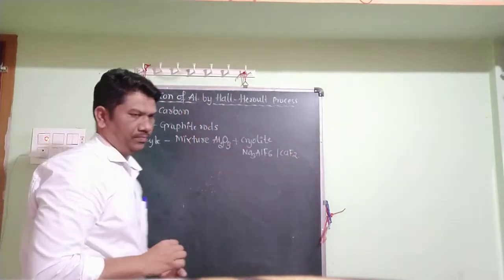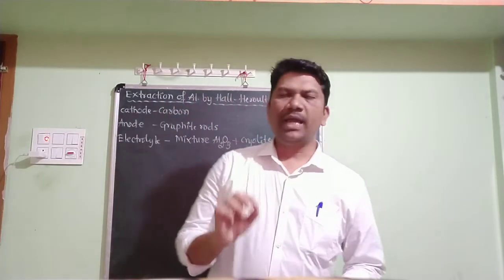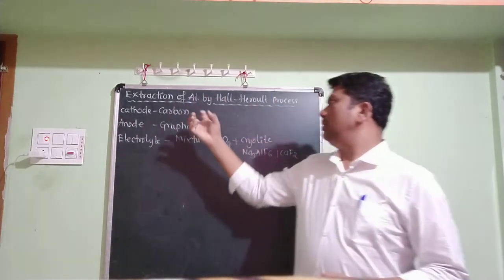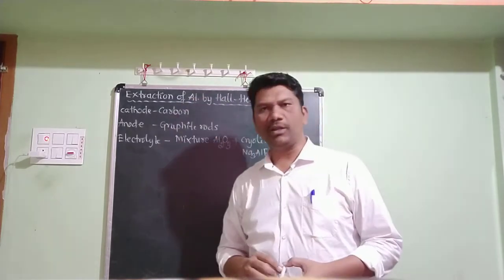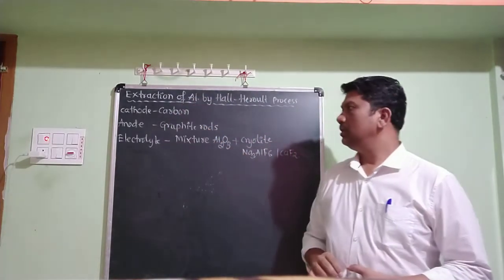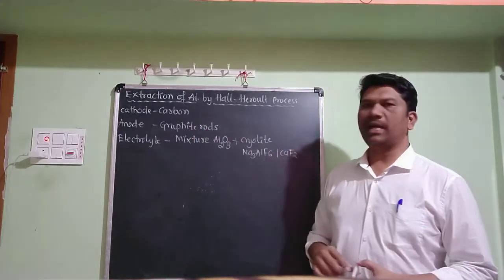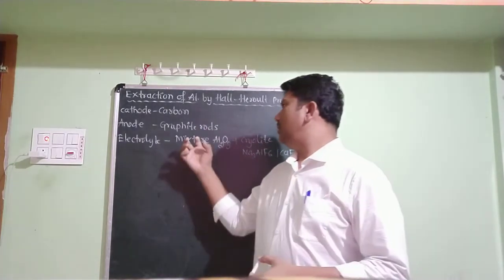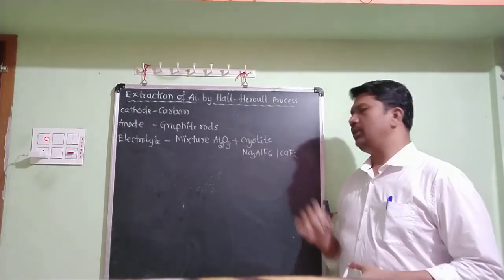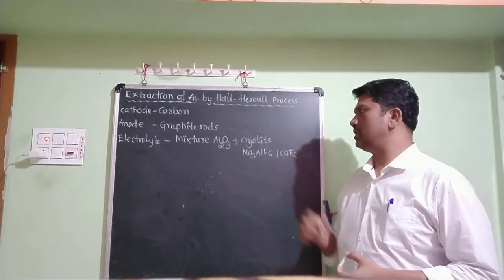So in the Hall-Héroult process, the cathode is carbon, anode is graphite rods, and electrolyte is a mixture of pure alumina and cryolite, Na3AlF6.